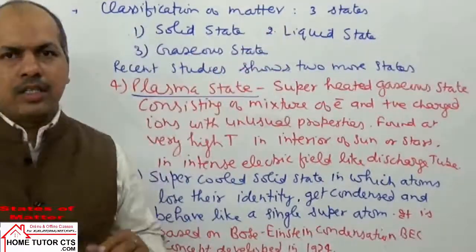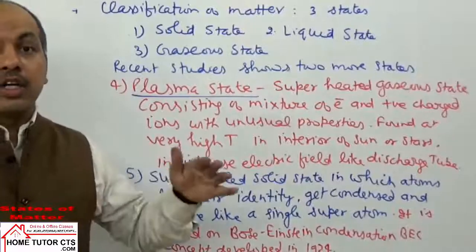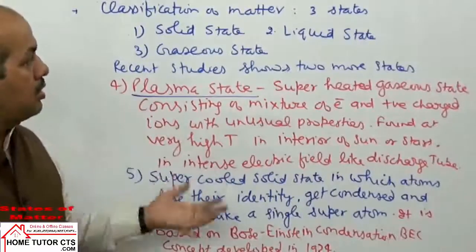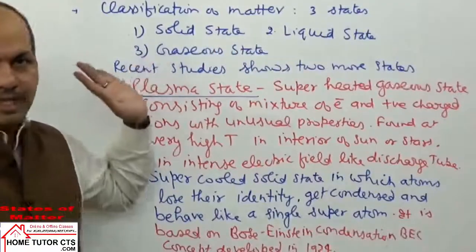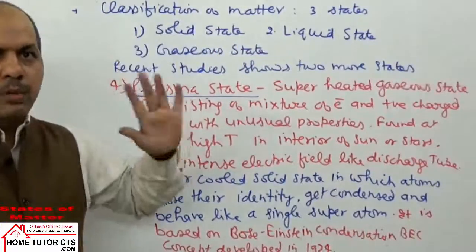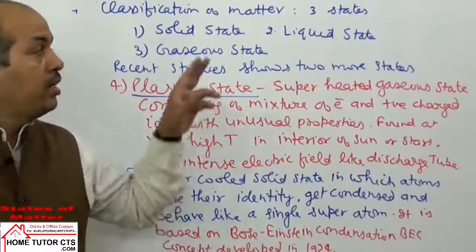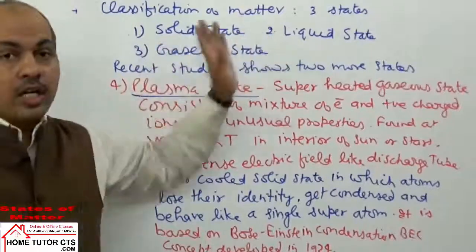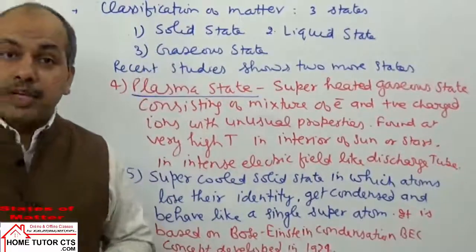What do these refer to? They refer to the condition of room temperature. At room temperature, a substance can be found in solid, liquid or gas state. Moreover, remember, the same substance can exist in solid, liquid or gaseous state at different temperatures.